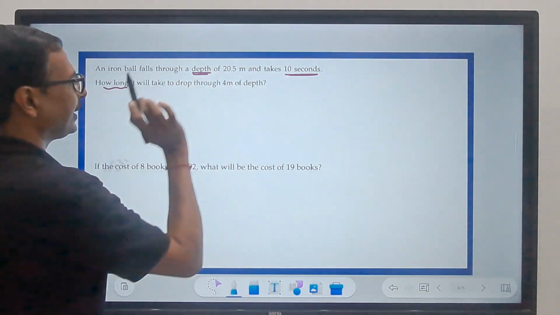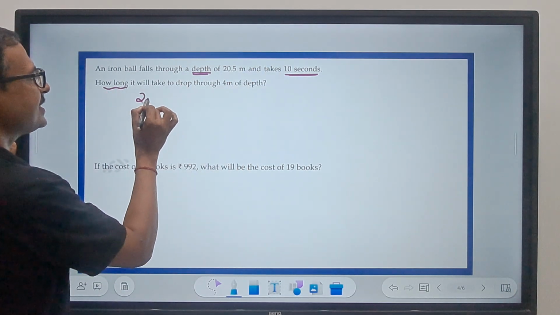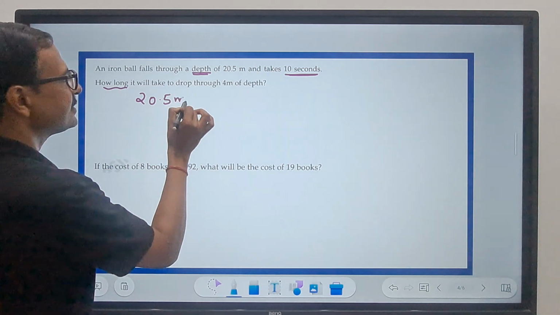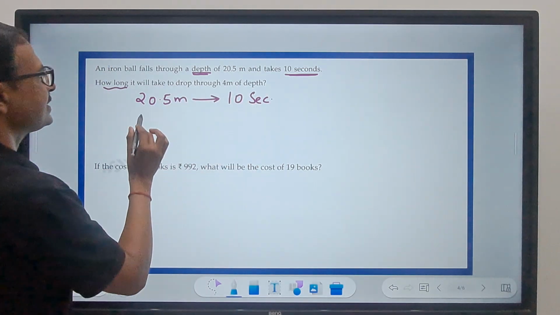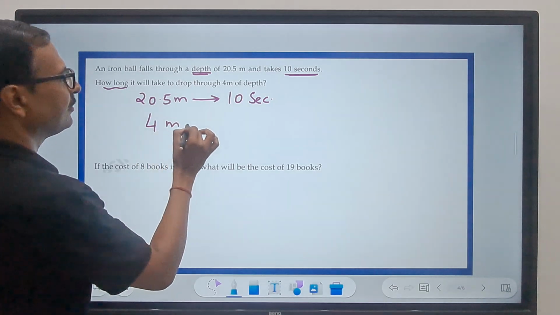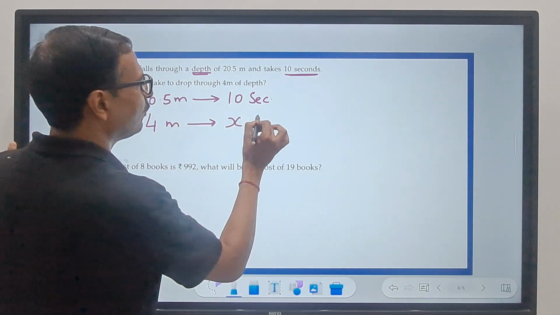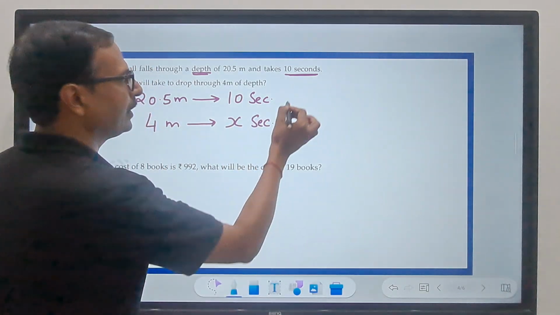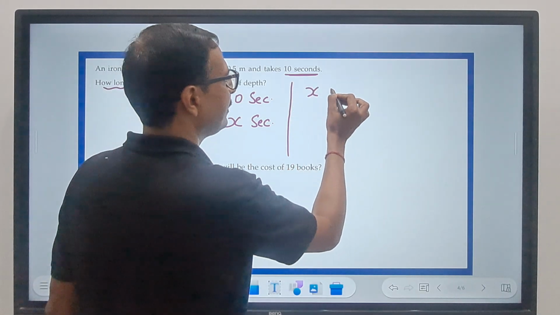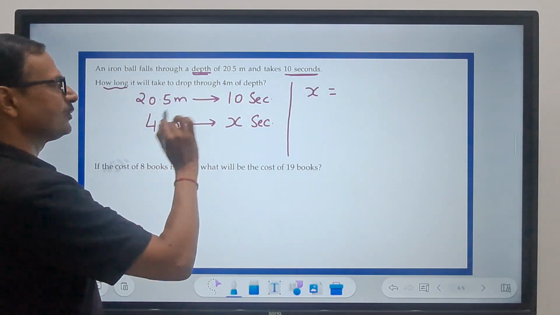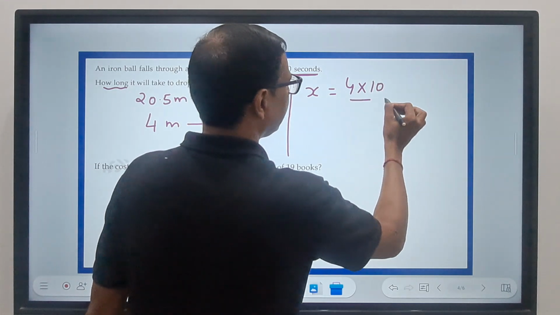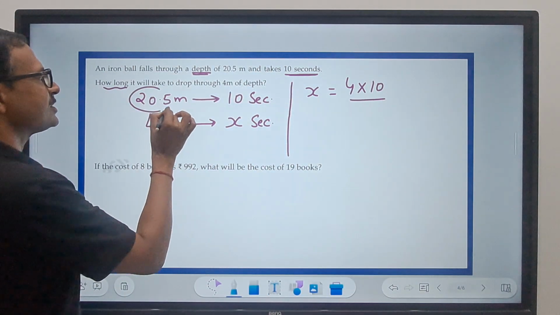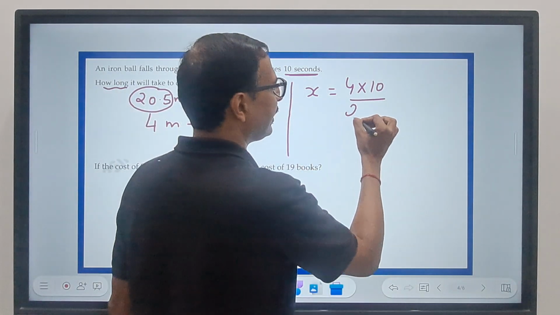So how long will it take? That means we have to find the time. It says 20.5 meters in 10 seconds, right? And he's asking us 4 meters will correspond to what time? So again, the value of x will be, cross multiply the known ones, 4 times 10 divided by the single quantity which is known here, 20.5.